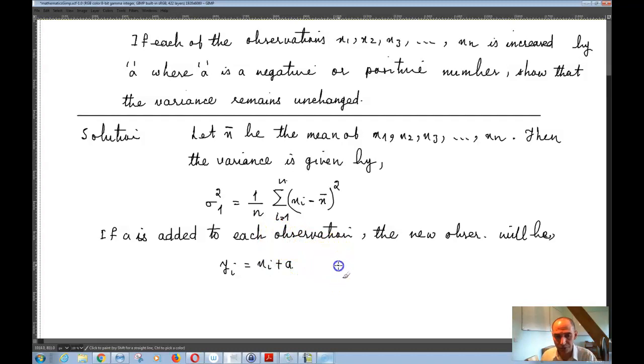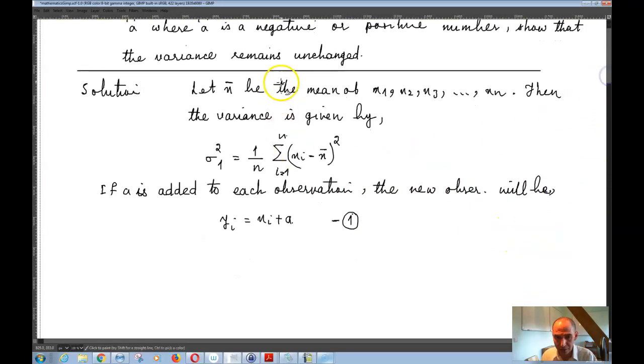I call this equation number 1. Now, let the mean of the new observations be y bar. This way I can understand what I'm saying and move in a step-by-step manner so that I don't confuse myself. That's very important. The way that I was solving this problem, I was just confusing myself.